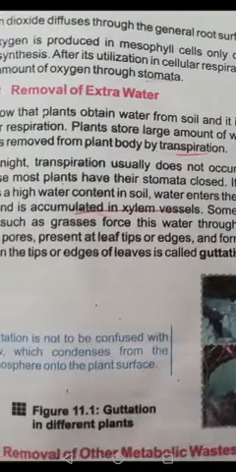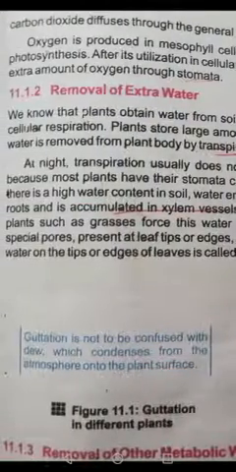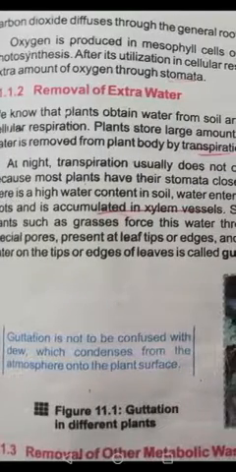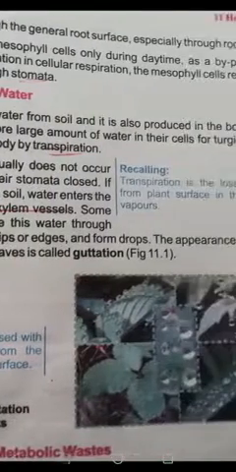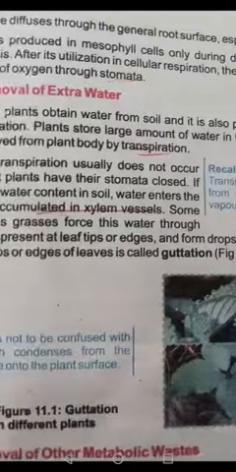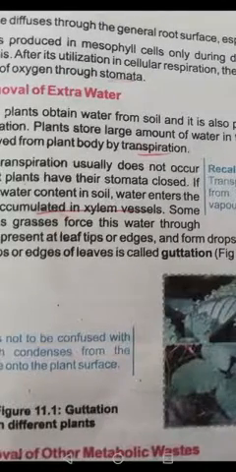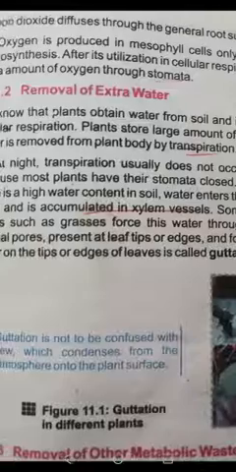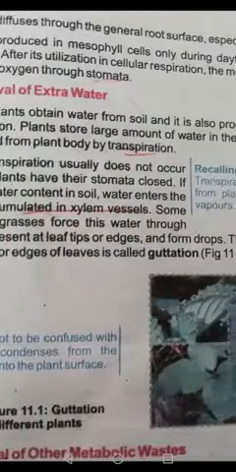They force their extra water out from these pores, and the water appears on the edges or tips of the leaves. So this process is known as guttation.